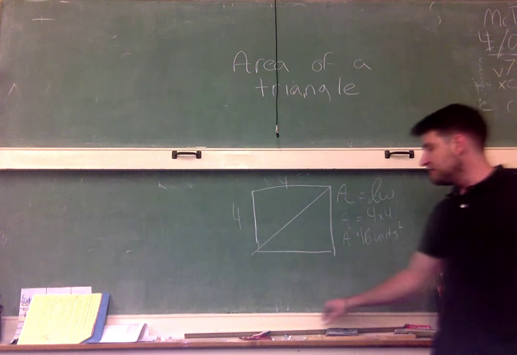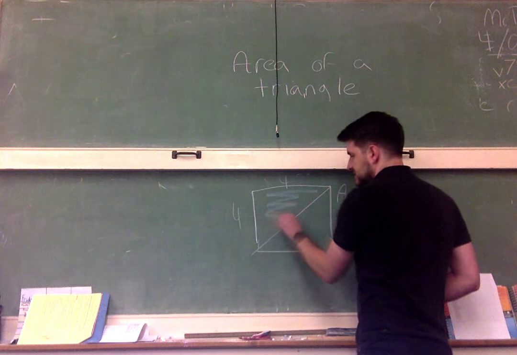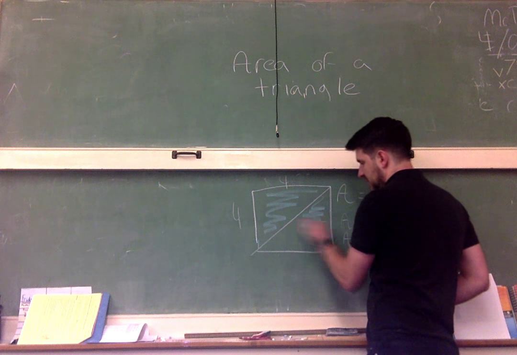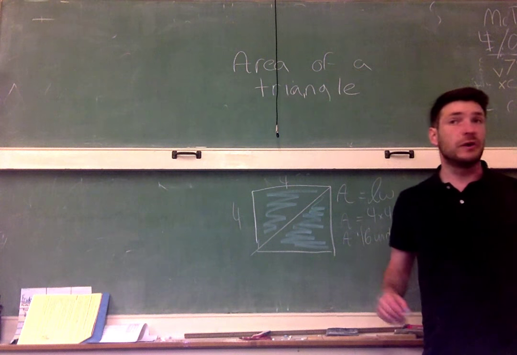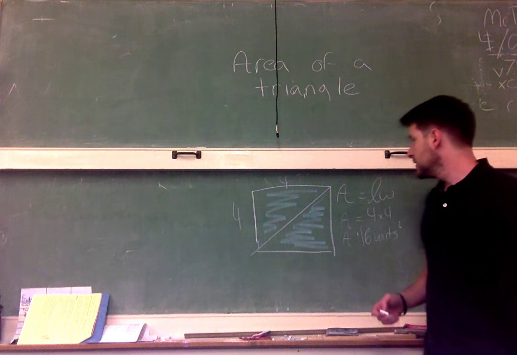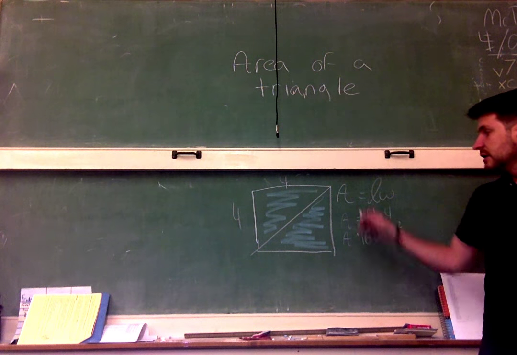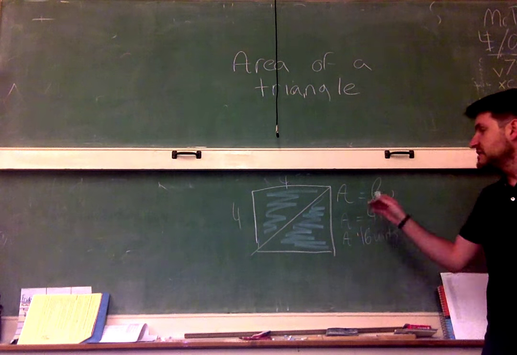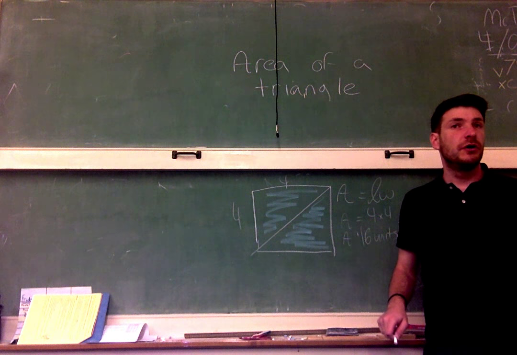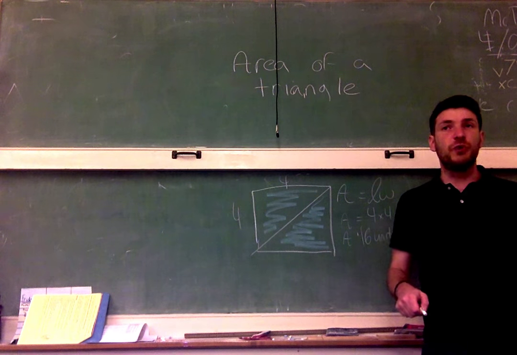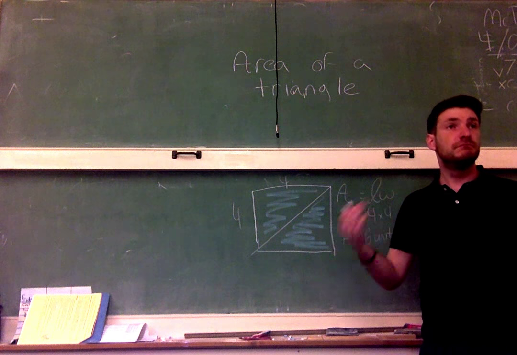Now, the area of my square that I found, 16 square units, was all of this right here, and all of this right here. All of this blue together is 16 square units. Now, it goes to show and reason that if I divided my square in half, and now I have 2 triangles, the area of each one would go from, if all this is 16, 1/2 of 16 would be 8.